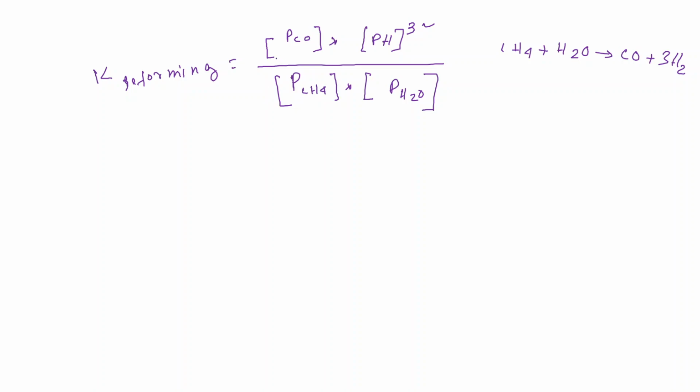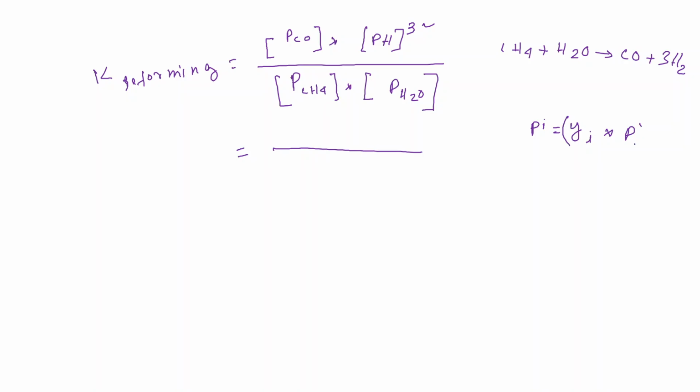You don't know the partial pressures of these, but you have to calculate them in terms of moles. Just calculate the total moles and then the mole fractions. If you convert to mole fractions, the equation will be like this. The formula is: partial pressure of any species equals mole fraction y multiplied by total pressure.